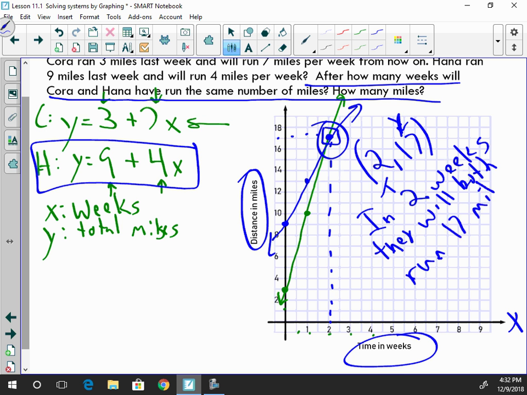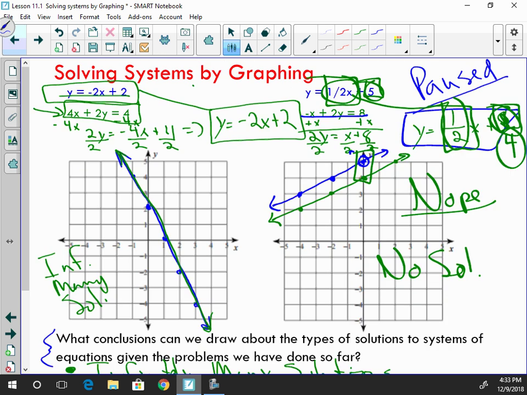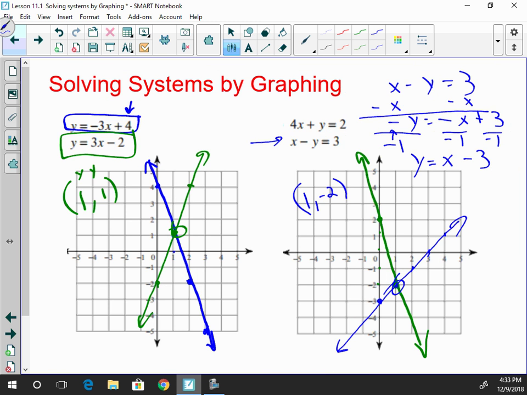In 2 weeks, they will both run 17 miles. Awesome. Okay, so what we talked about today was solving systems of equations by graphing. 3 key parts here. There are 3 things that can happen. Remember, we can get lines to intersect, and we get a singular solution. You always have to report out what the x, y coordinate point is, where they cross.